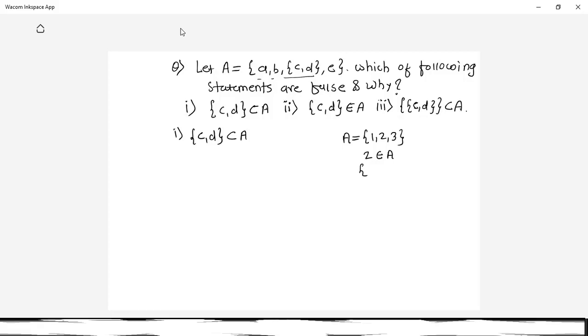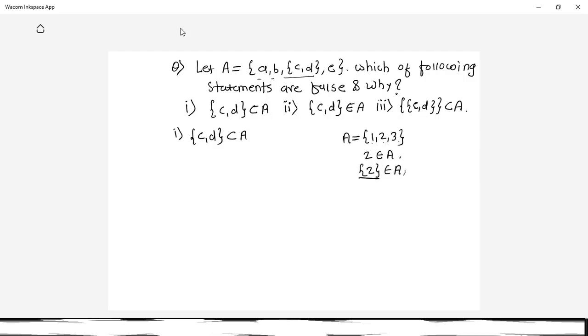If I ask whether a set with element 2 is an element of set A, how should I read this? Set A contains 3 elements, 1, 2 and 3.